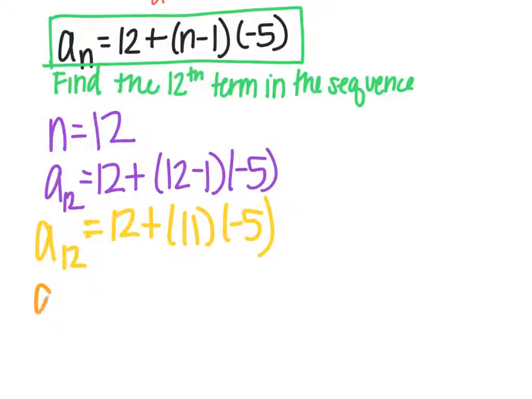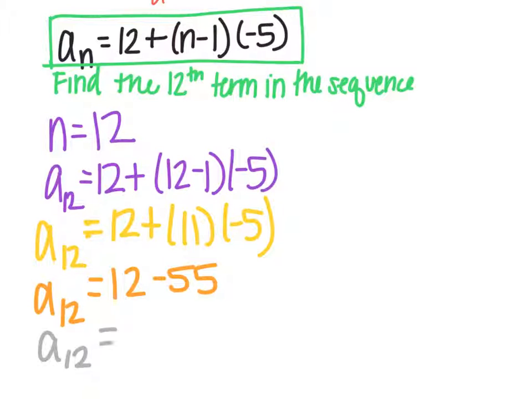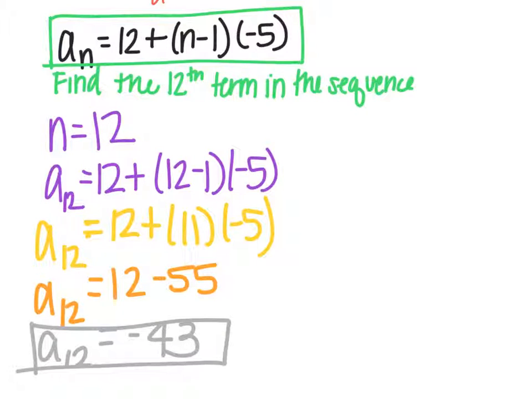That gives us a sub 12 equals 12 minus 55, because 11 times negative 5 is 55. And finally, a sub 12 equals negative 43. So that would be our 12th term in our sequence.